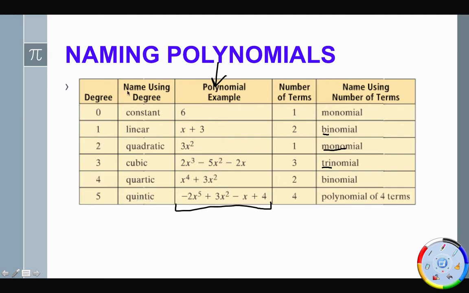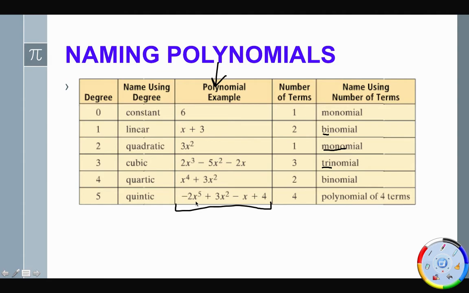Now, the reason we look at 0 through 5 is basically because we have only those as special names. If the degree is 0, it's constant. Then we have linear, quadratic, cubic, quartic, and quintic. And if we have something x to the 6th, we just simply call it a 6th degree polynomial. And notice here, we have special names for 1, 2, and 3 terms, but we don't have a special name for 4 terms.